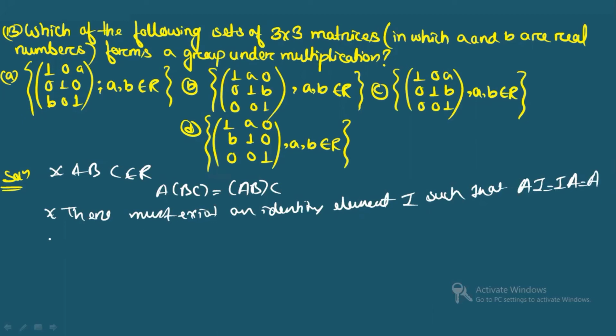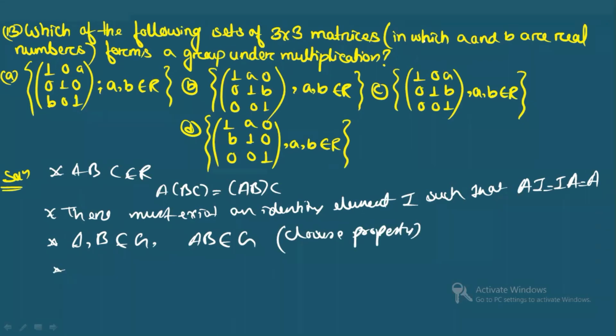The third is: for any 2 matrices A, B belonging to a group G, their product must also belong to the group. That is called the closure property.